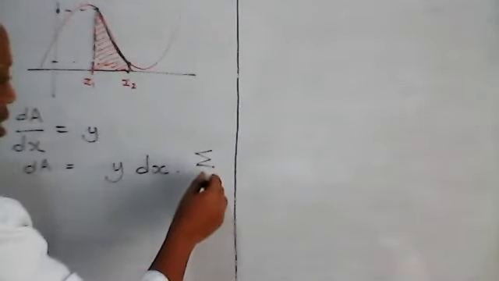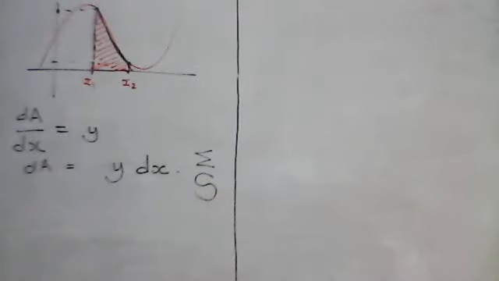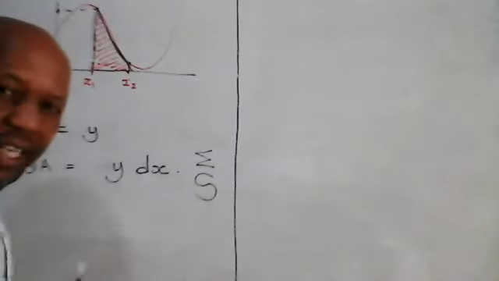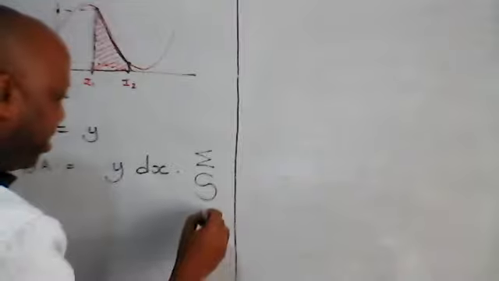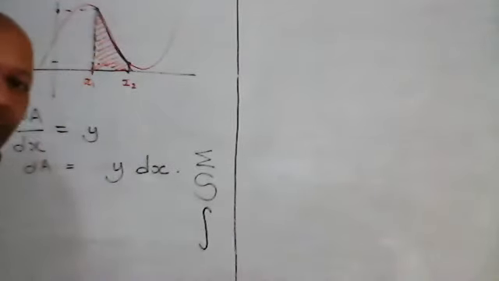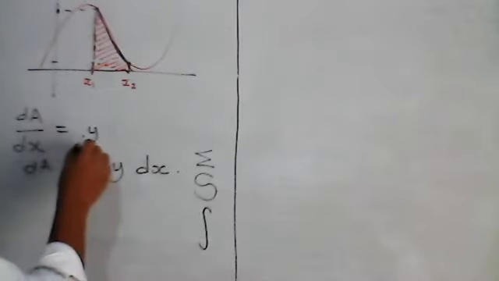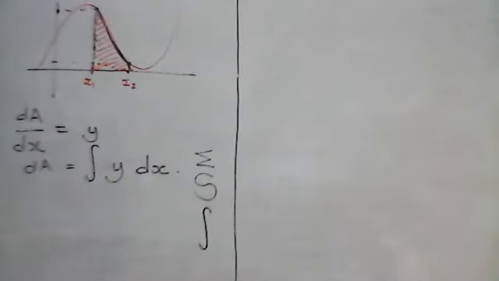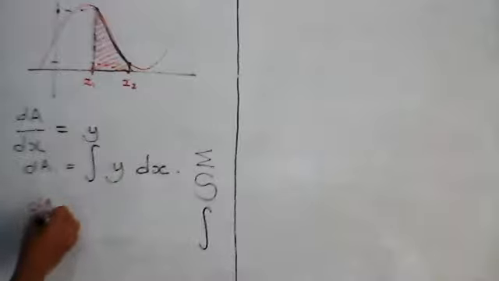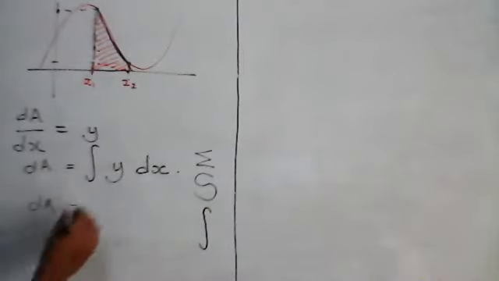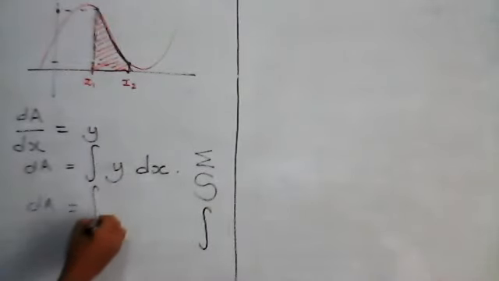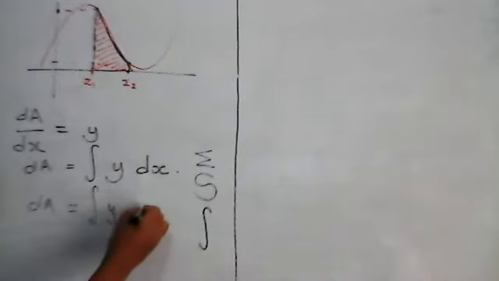But wanting to be even fancier, we use the old English symbol s to define an integral. So the derivative, the rate of change of area, is equal to the integral y dx.